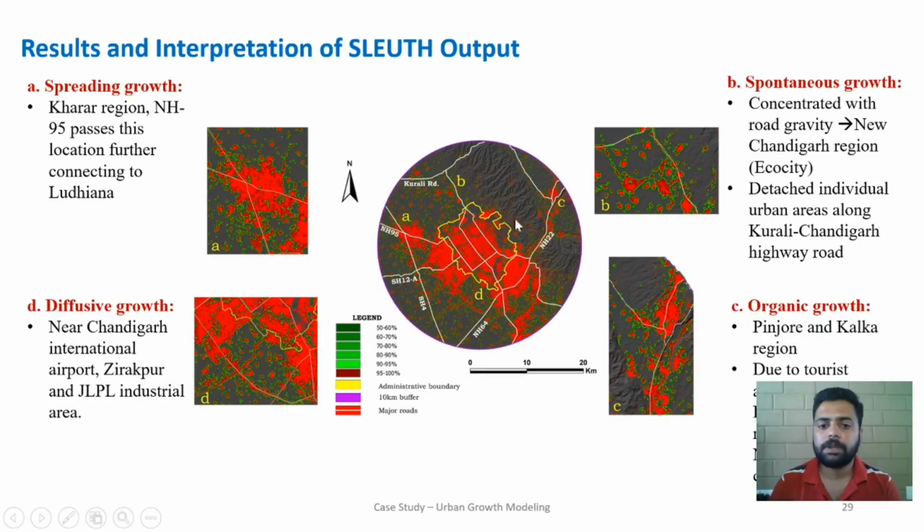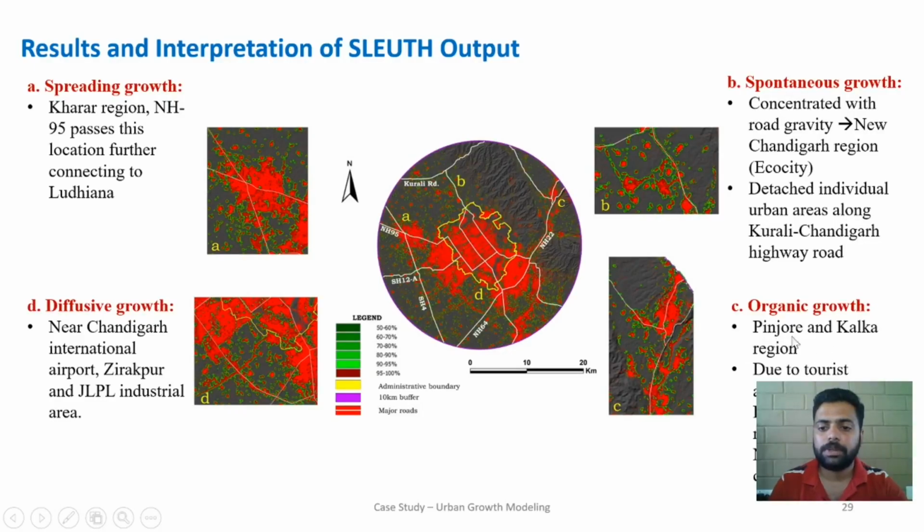You can see some spontaneous areas. This is basically due to the new Chandigarh region, the eco city that is being planned there. And finally you can see the organic growth. Organic growth means it is definitely depending upon the transportation, that is roadways.